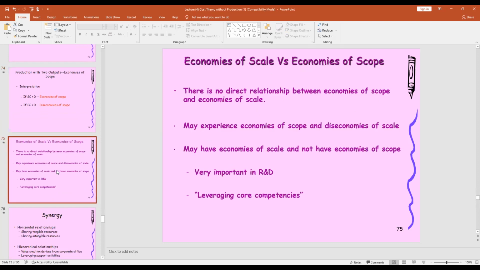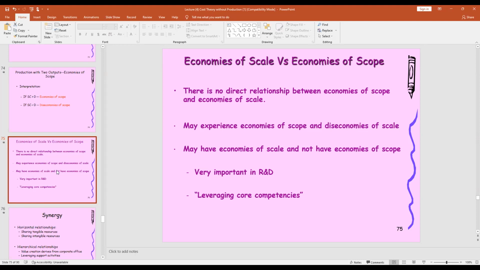Economies of scope and economies of scale: there is no direct relation between these two, but there could be a relationship. A firm may experience economies of scope and diseconomies of scale sometimes, but you can't develop a theory of whether there is a positive relationship.